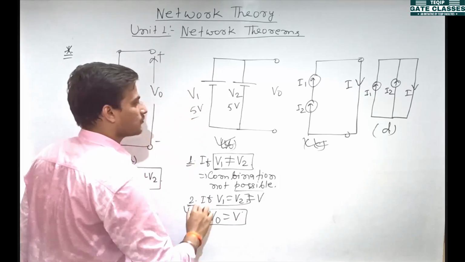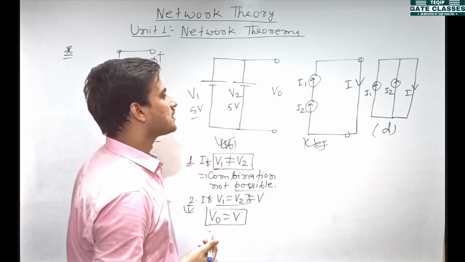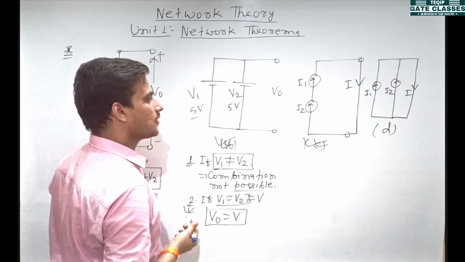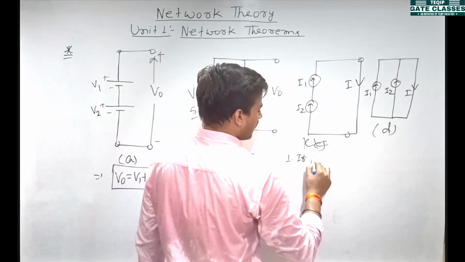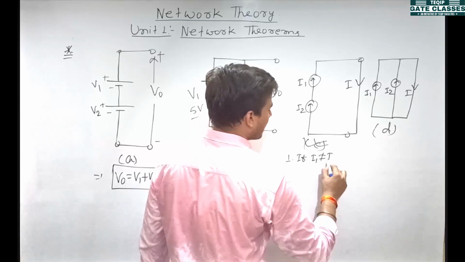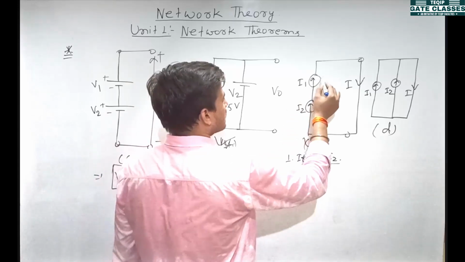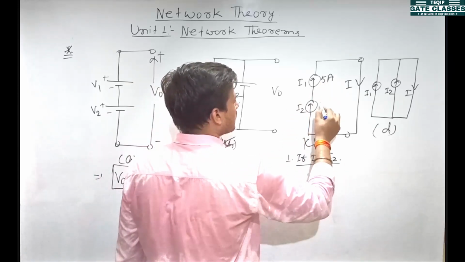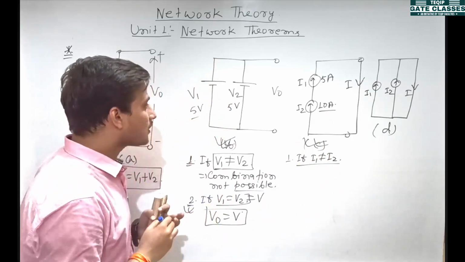Very important point. Next, come to this one. These two current sources are connected in series. Clear? So here again, first condition, if I1 is not equal to I2. If I1 is not equal to I2, what does it mean? Suppose this current is 5 ampere, this current is 10 ampere. Now what is the job of an ideal current source?